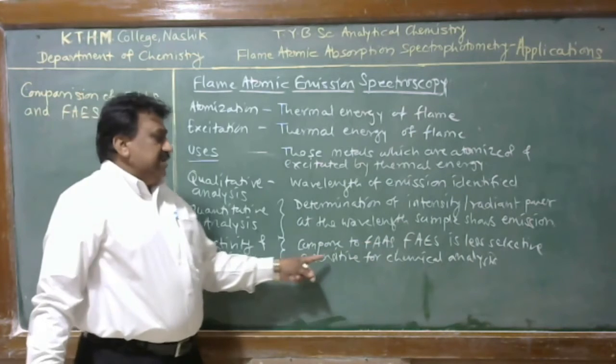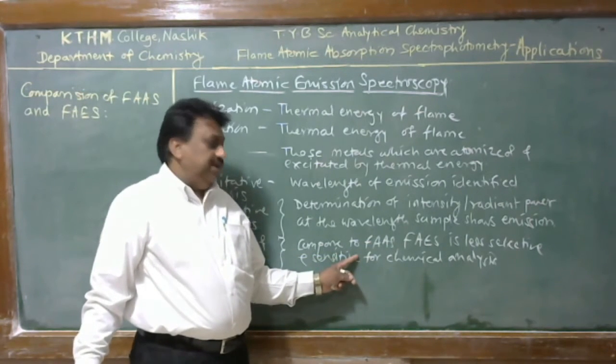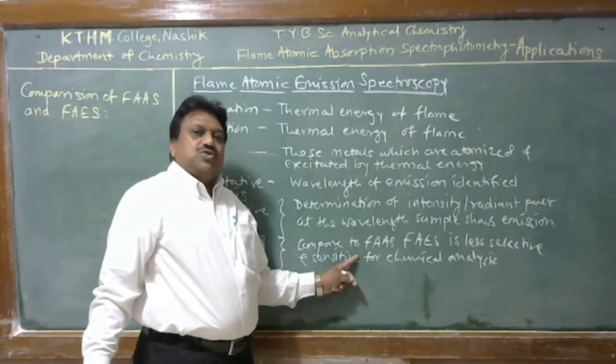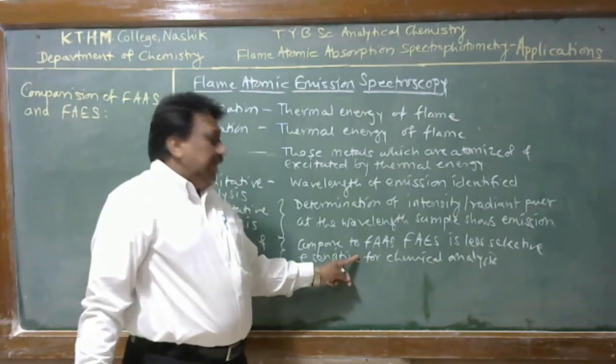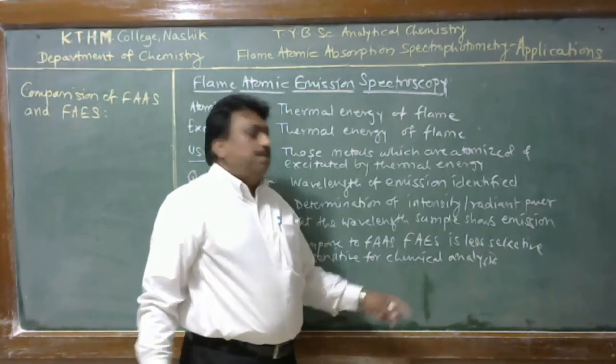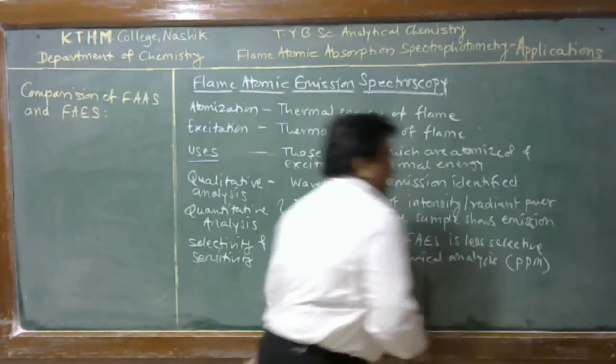As far as the sensitivity is concerned, it is the concentration detection limit. Therefore, flame atomic emission spectroscopy is comparatively less sensitive because it measures up to ppm level concentration.